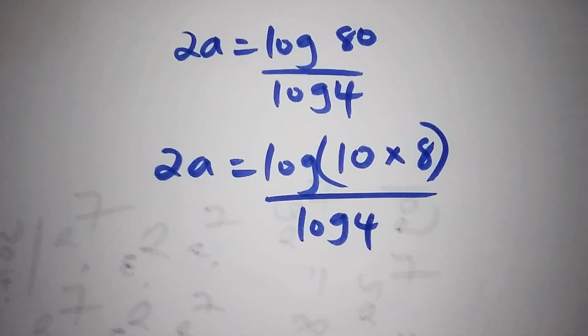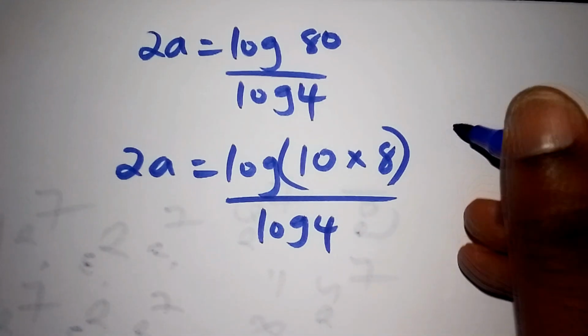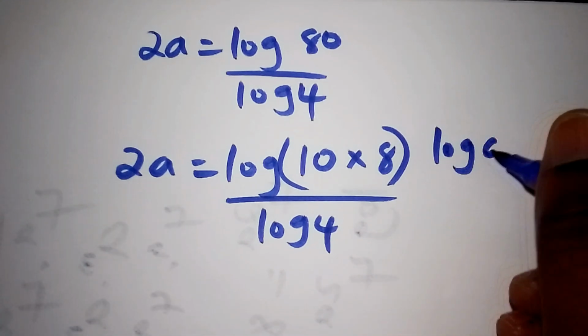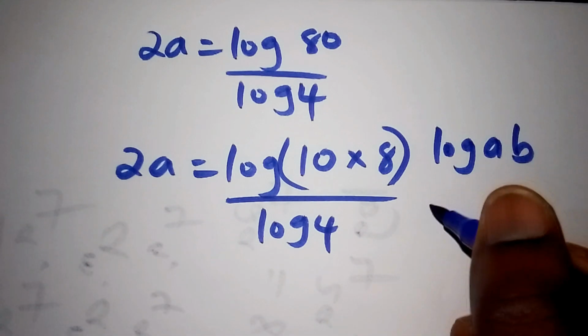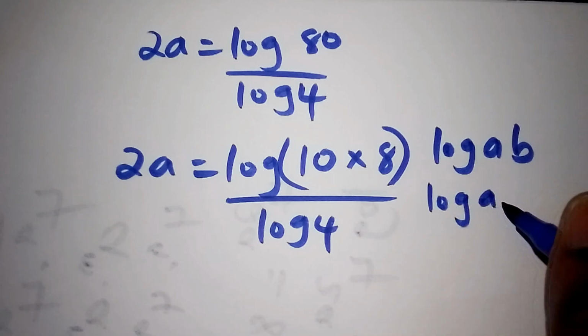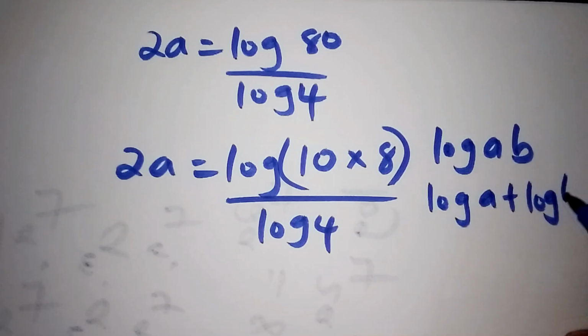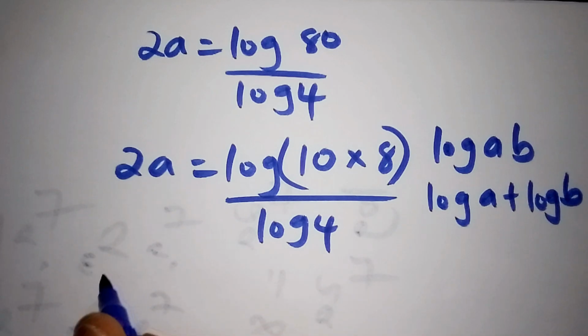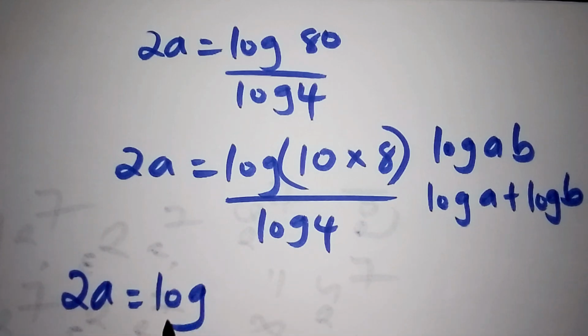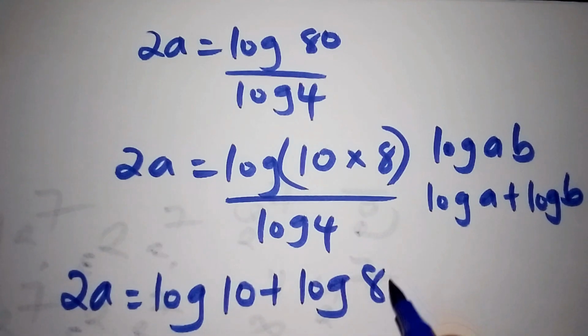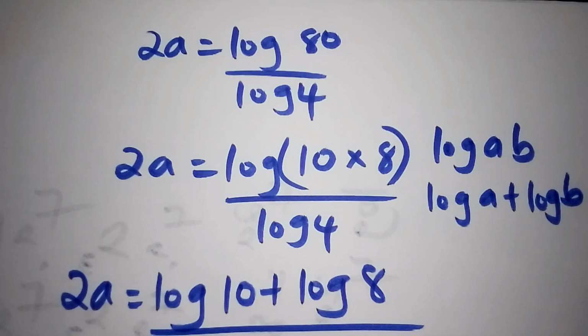So assuming that we have the log of AB, that is the log of A multiplied by B, this can also be written as the log of A plus the log of B. So similarly, you can now say that 2a is equal to the log of 10 plus the log of 8, all over the log of 4.